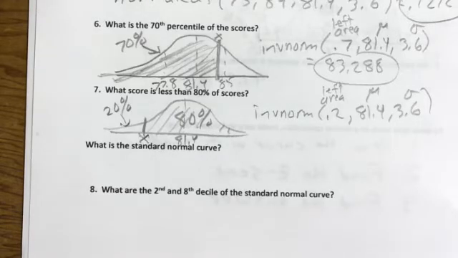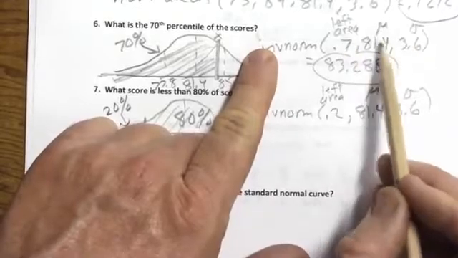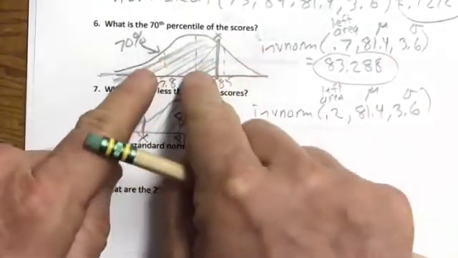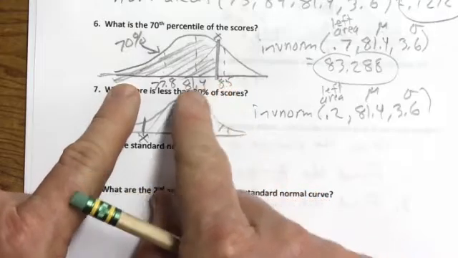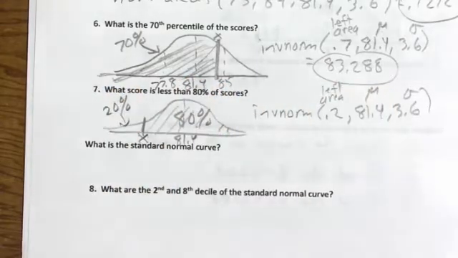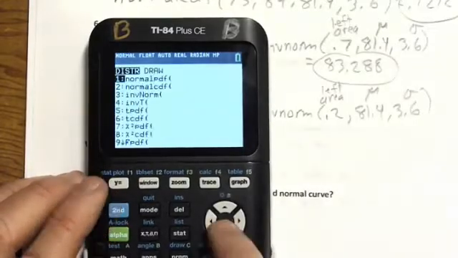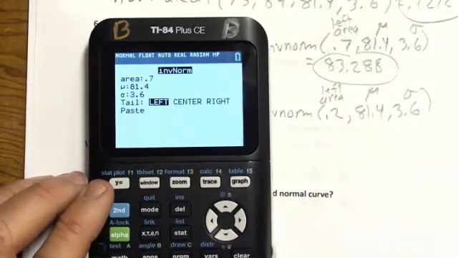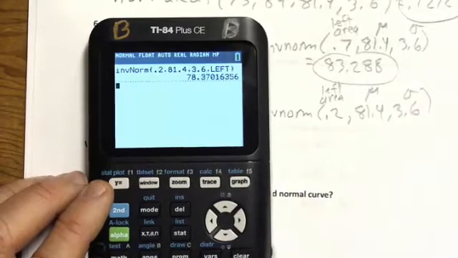To show your work on this, all you have to write is inverse norm with the properly labeled parameters, the properly labeled numbers. I encourage you to draw the curve, just a rough sketch of the curve, so you can orient yourself and make sure that your answer makes sense, by the way. So let's do this. Second vars, which is distribution, inverse norm, 0.2, mean of that, left area, boom. That's it.